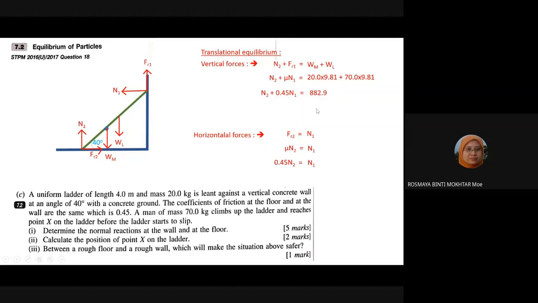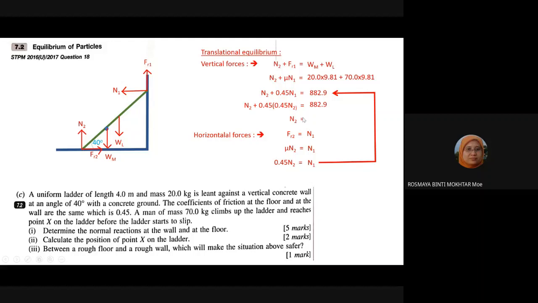So from these two equations, we solve the simultaneous equations. You can use ratio method or substitution method. So let's say I use substitution method. Substitute N1 into the equation here. So N1 is 0.45 N2. So the equation here only has one unknown, N2.